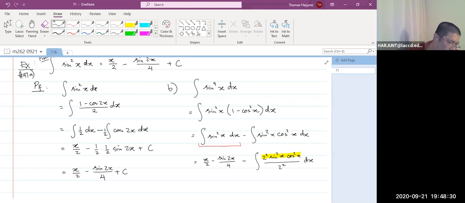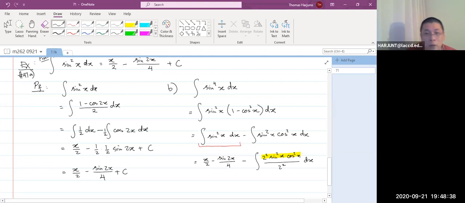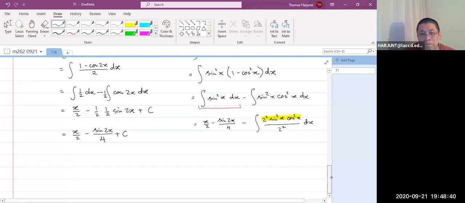They actually give us this in the reduction formula that they did earlier in example 6 according to number 47. But I basically redo it from the beginning. This is x over 2 minus sine 2x over 4 minus 1/4 integral of sine squared 2x dx.